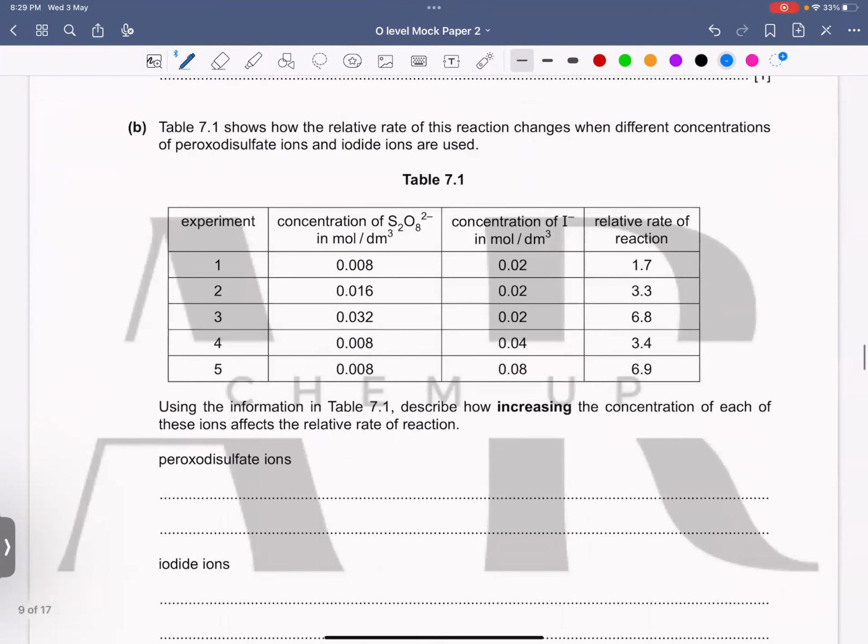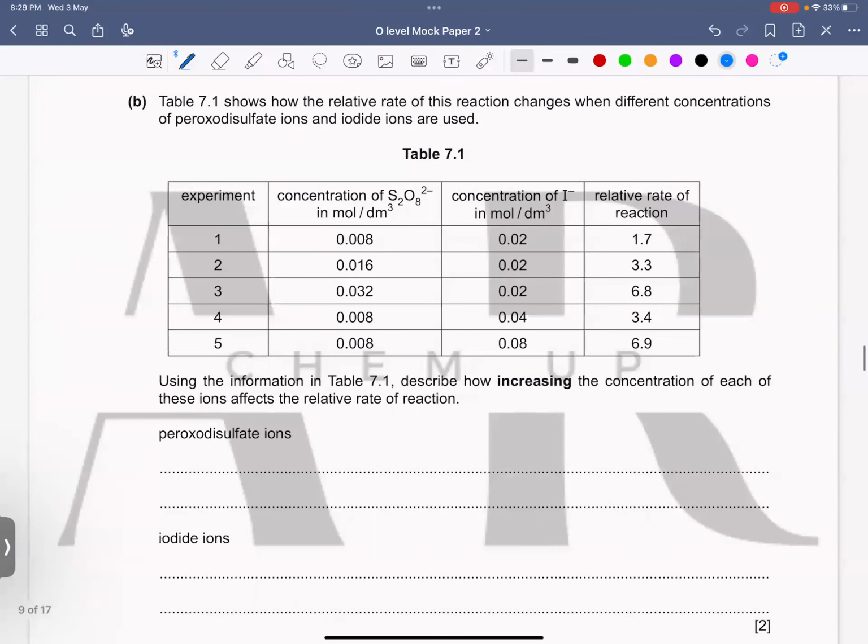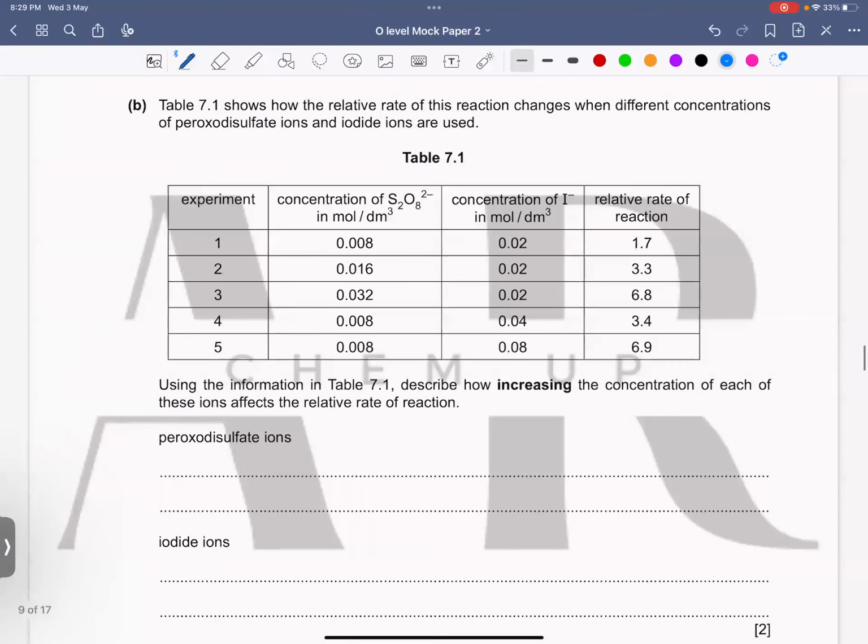Now table 7.1 shows how the relative rate of this reaction changes when different concentrations of peroxodisulfate ions and iodide ions are used. Using the information in table 7.1, describe how increasing the concentration of each of these ions affects the relative rate.